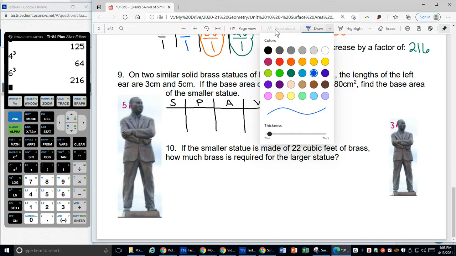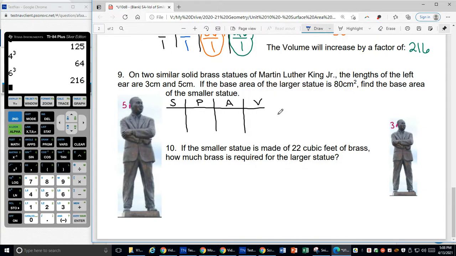So we need to decide, because nothing's asking me for a scale factor, which statue I want to put in the numerator and which statue I want to put in the denominator. I like to be unconventional, and I like to put big numbers on the top of the fraction.